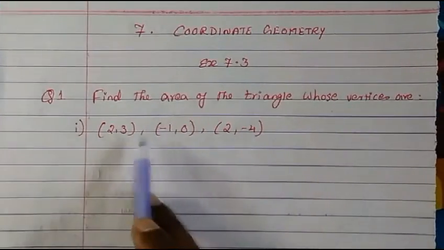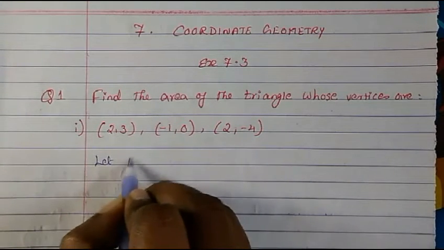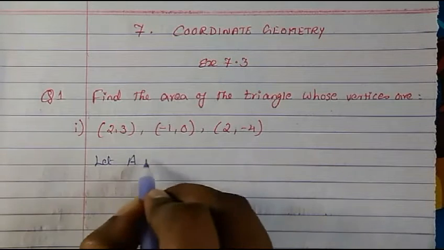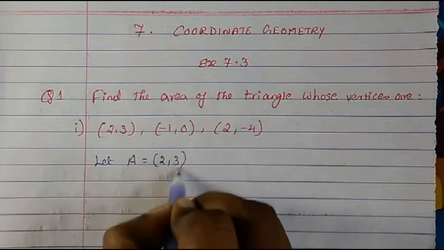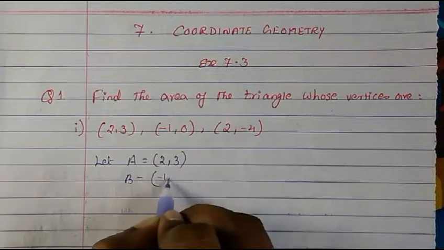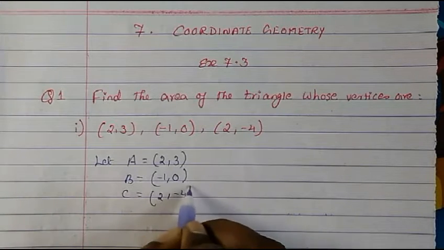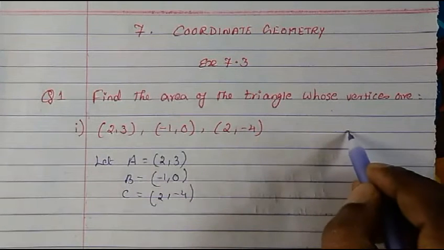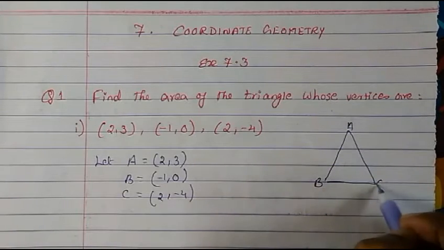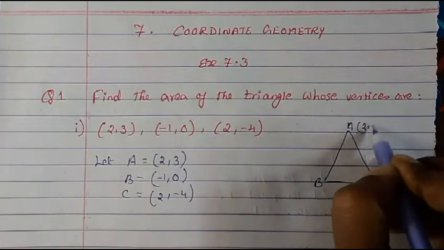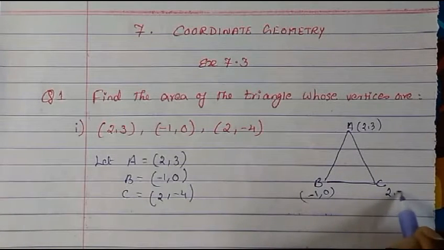So we have to find the area of the triangle. Let point A be 2, 3. B is minus 1, 0. C is 2, minus 4. So this is our triangle ABC. These are the coordinates: 2, 3; minus 1, 0; 2, minus 4.